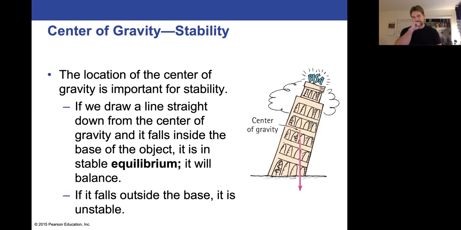This, the stability problem, has implications for civil engineering, which we will explore a little bit.